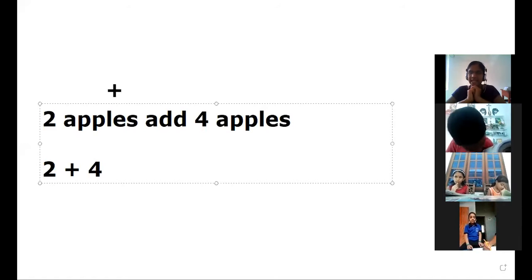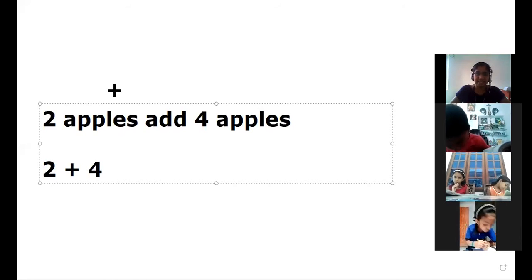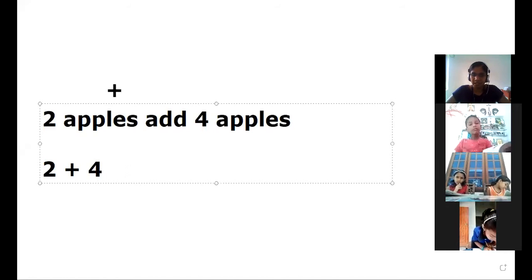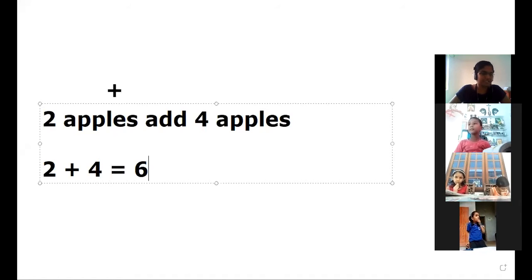Then the answer is written as 2 plus 4 equal to 6. 2 plus 4 equal to 6. What does this mean?